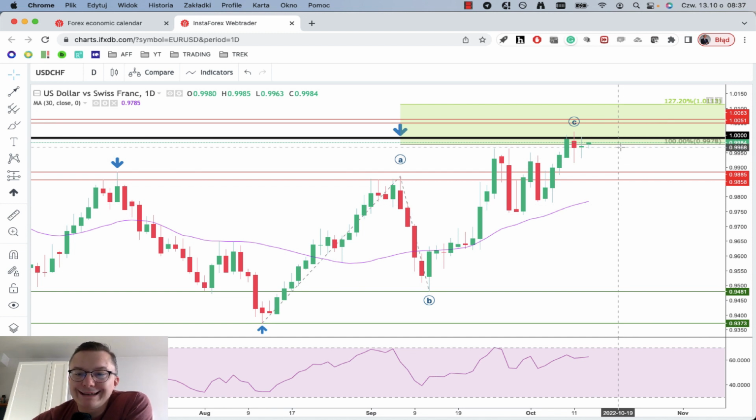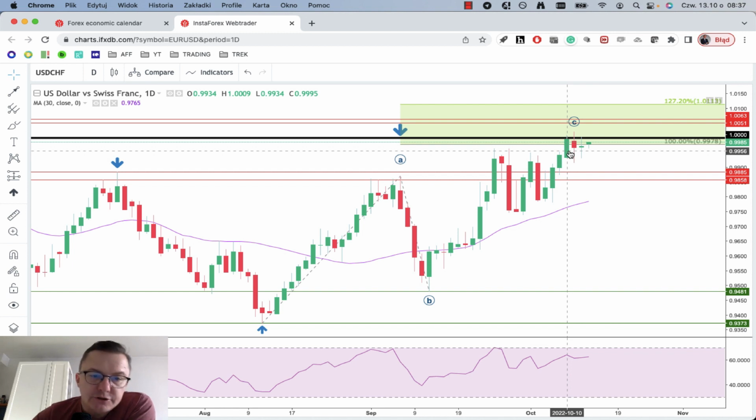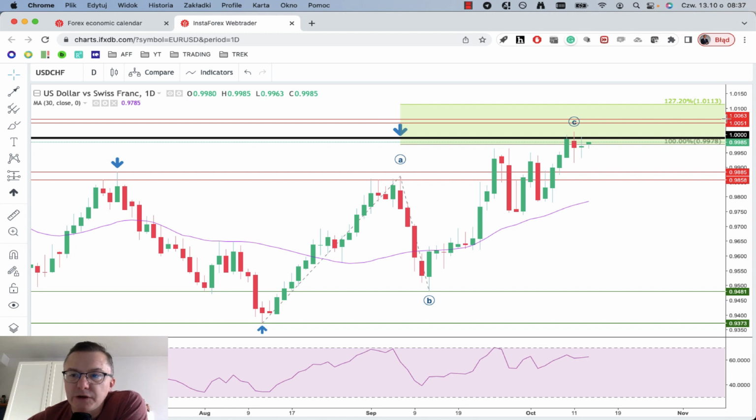However, we can extend this rally because the US dollar index is trying to bounce as well, trying to break towards a new swing high. We can see a test of 1.0051, 1.0063, or even 1.013. This is the 127% Fibonacci extension.